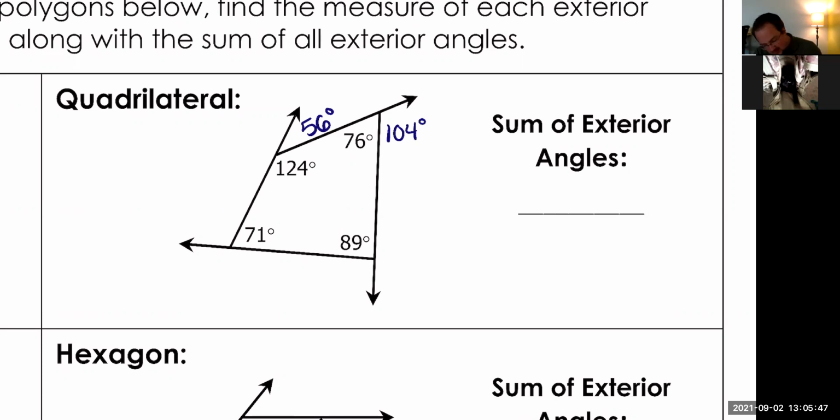Down to the 89, 91 degrees is its exterior angle. And then over to the 71, I believe it's 109. Add all 4 of those together. 360.